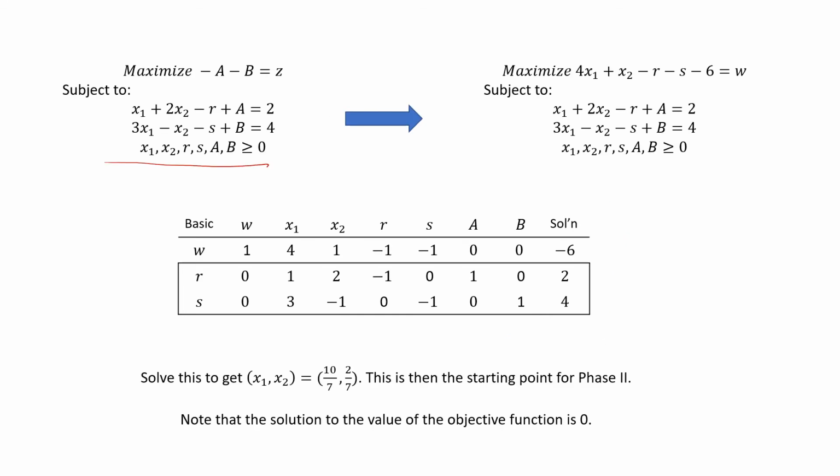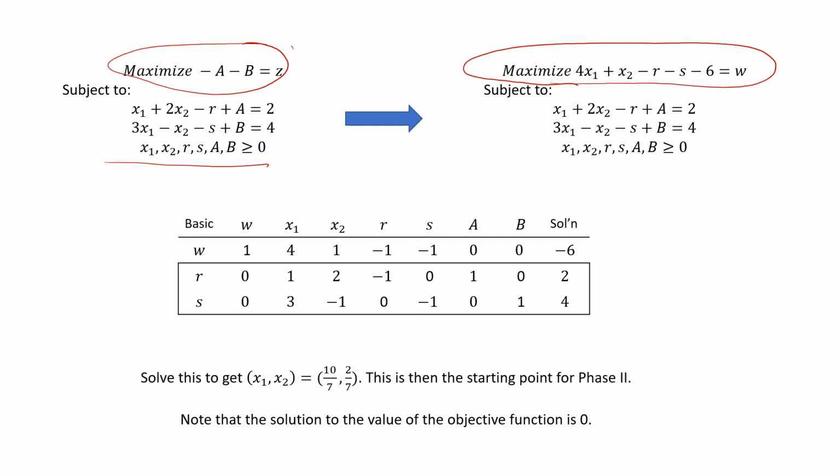So we turn our objective function, we get rid of the A and B by using the equalities in our constraints, and we now have a new objective function. But this objective function is the same thing as minimize A plus B.